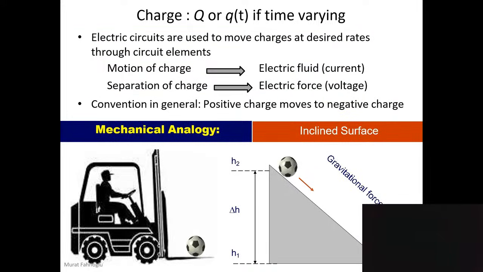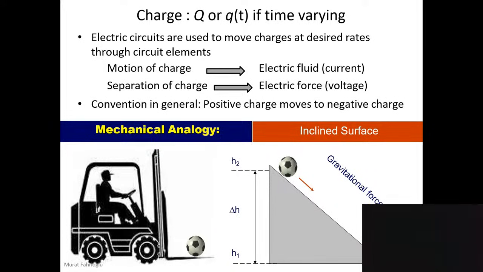This is the definition of charge. It is indicated by capital Q, or otherwise Q(t), because it varies depending on time. Whenever the time changes, the charge also changes, right? Mostly, electric circuits are used to move charges at desired rates through circuit elements.